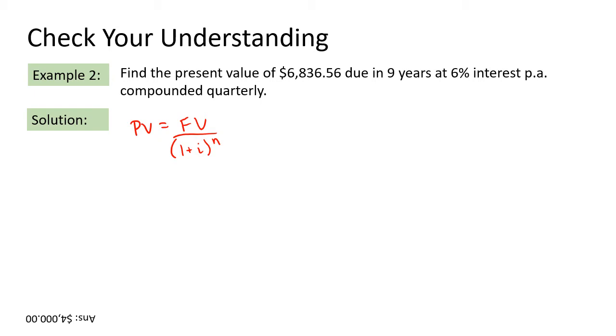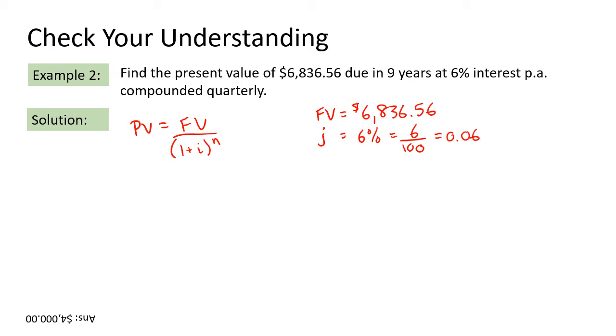So now I look on the right side, and I'm going to start writing the terms that I know. Well, I know that my future value is $6,836.56. I know that my nominal interest rate, J, is 6%, which is equal to 6 divided by 100, removing the percentage sign, which is equal to 0.06.